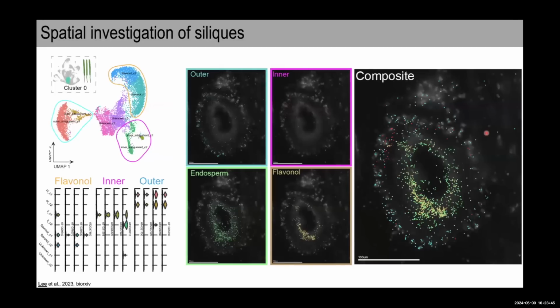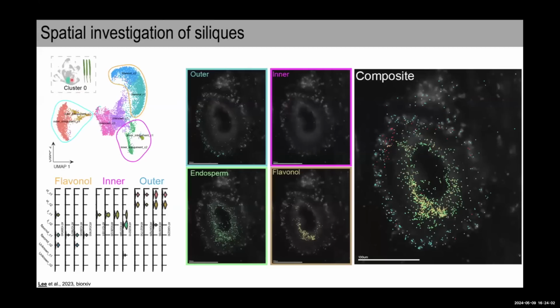But also, taking this subclustering, what we really could further look at biologically was where these very similar cell types at the global level of the Silique might correspond to.